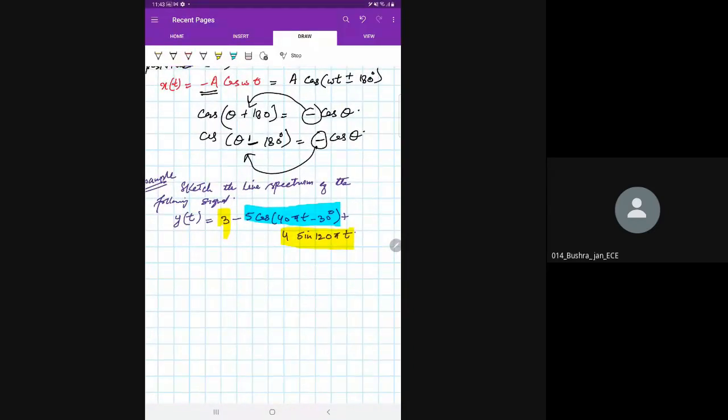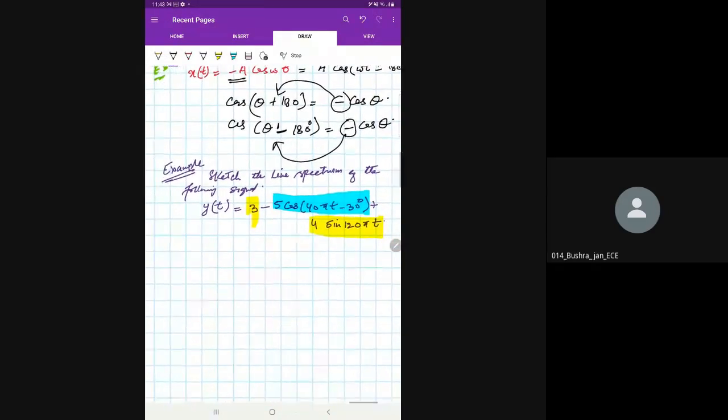And the first signal component is the DC component. So y of t has three components or three terms.